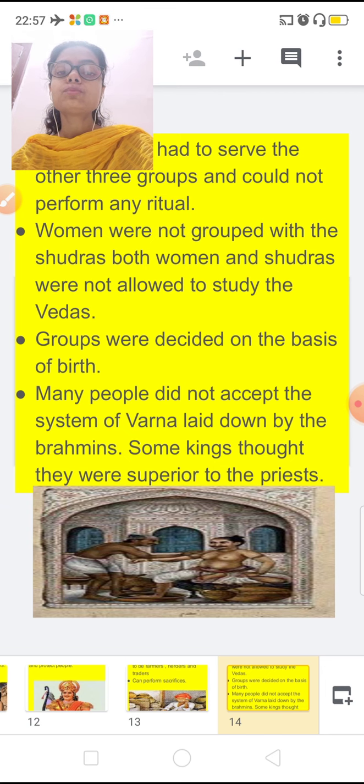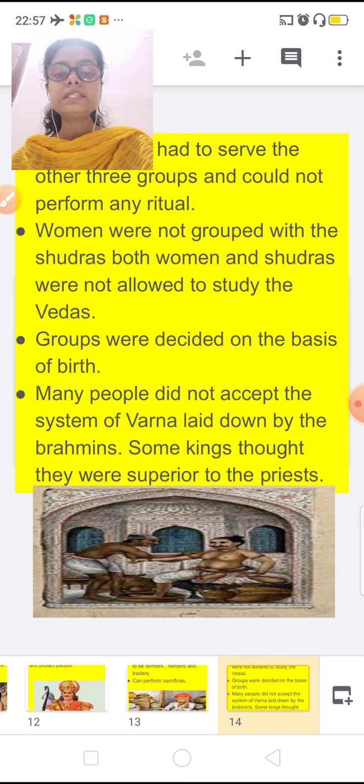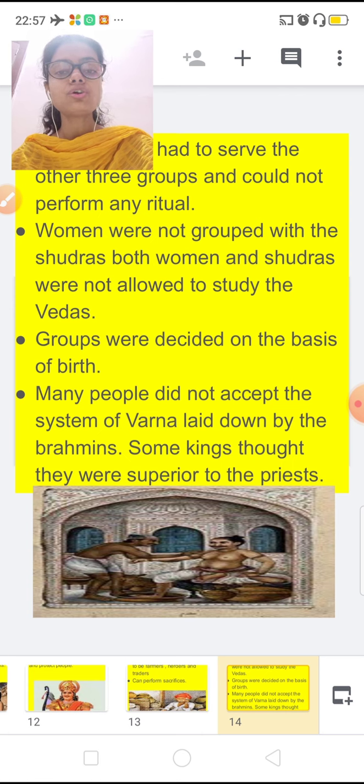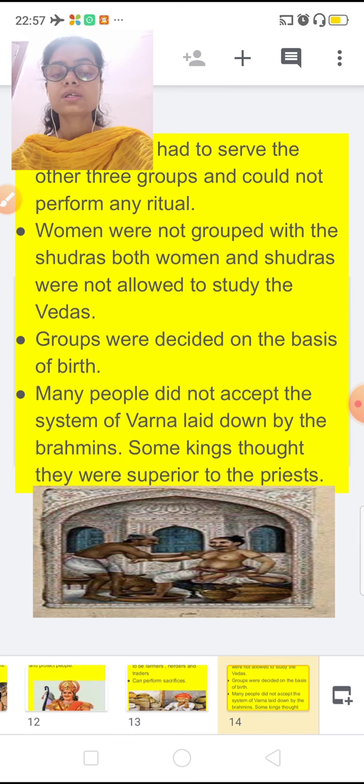Women were not grouped with the Shudras. Both women and Shudras were not allowed to study the Vedas. These groups were divided on the basis of birth, but many people did not accept this system of Varnas laid down by the Brahmins, because they thought, even some kings thought, they were superior to the priests, meaning Brahmins.